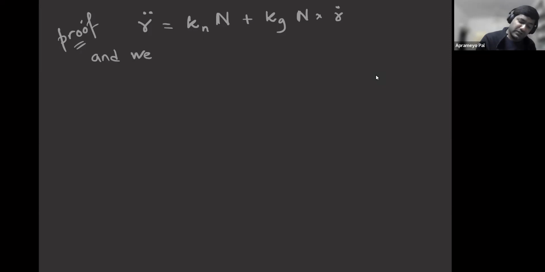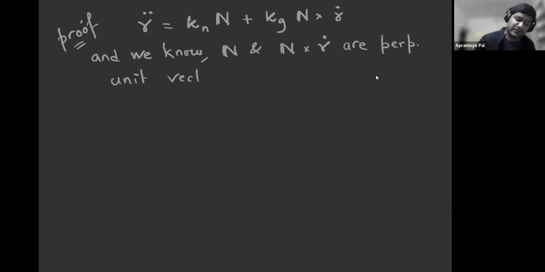And we know that n and n cross gamma dot are perpendicular unit vectors.